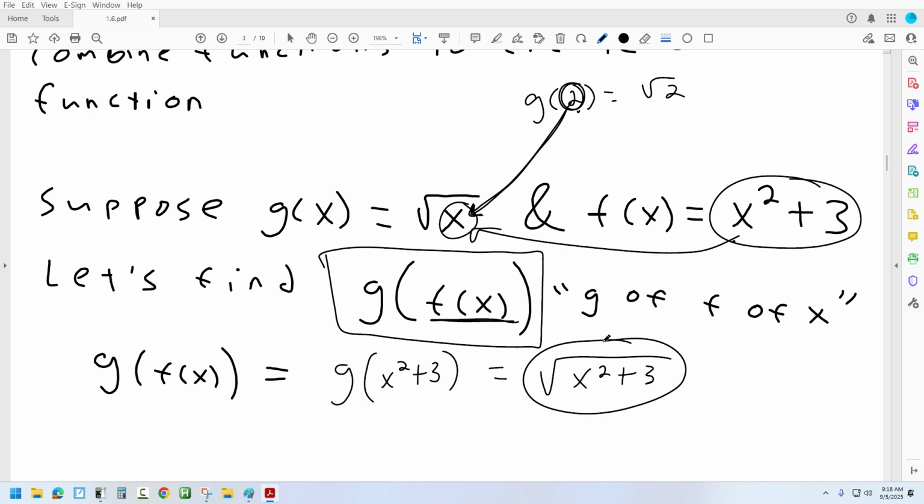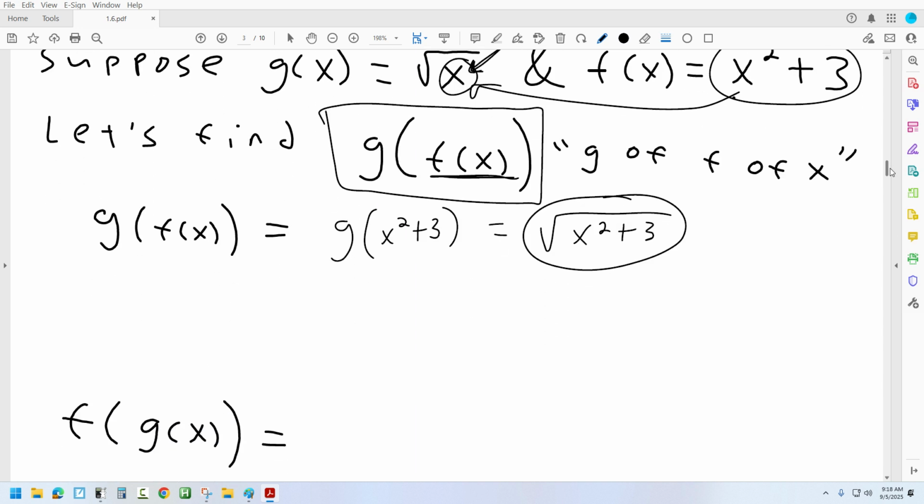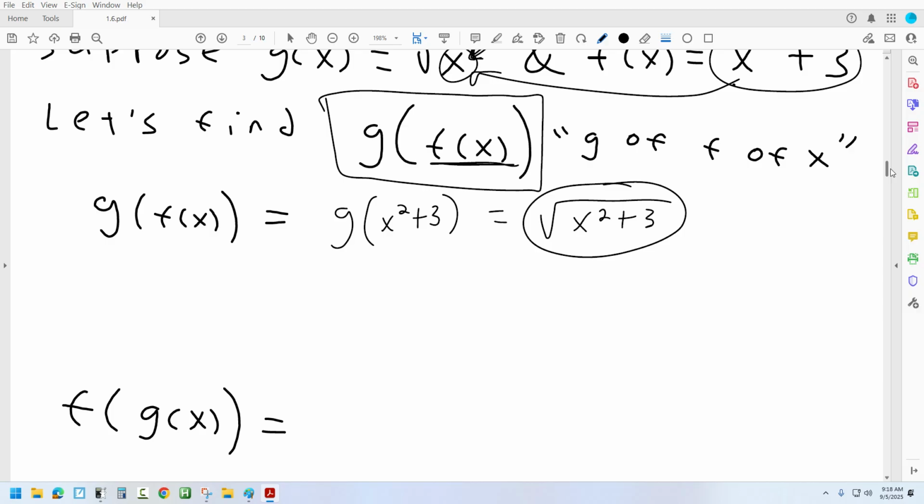So now, the question sometimes we get is, well, what happens if you switch it around? Is g of f the same as f of g? Well, let's see. So f of, what's our formula for g of x?